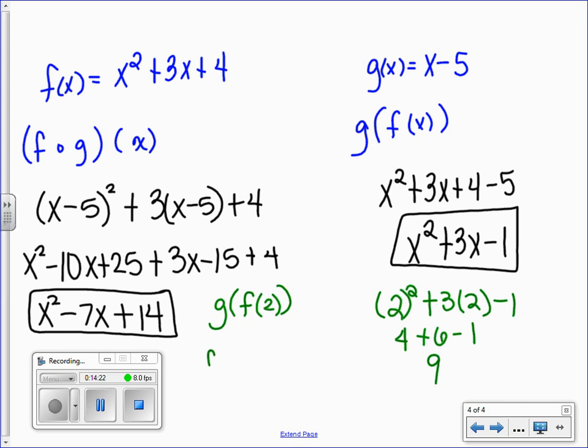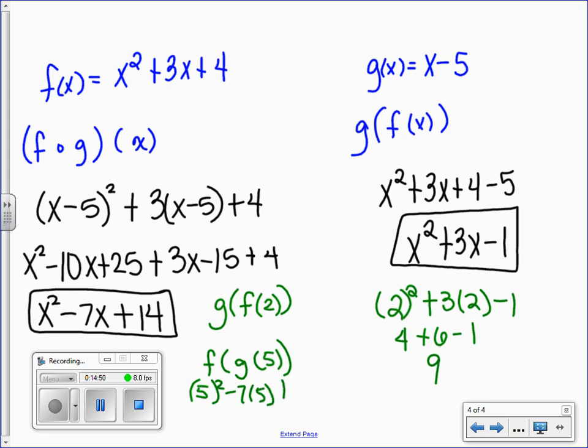What about f of g of, I don't know, 5. What would that be? Oh, okay. I'm going to have 5 squared minus 7 times 5.